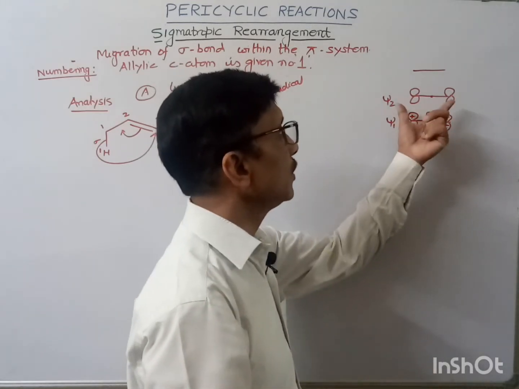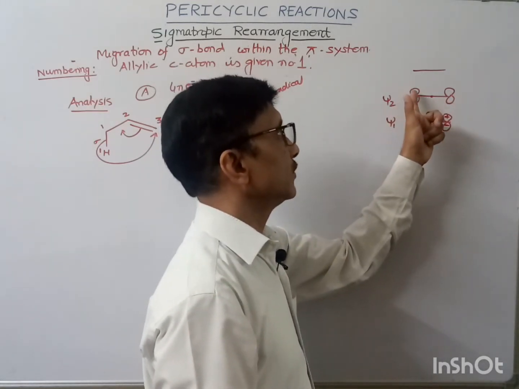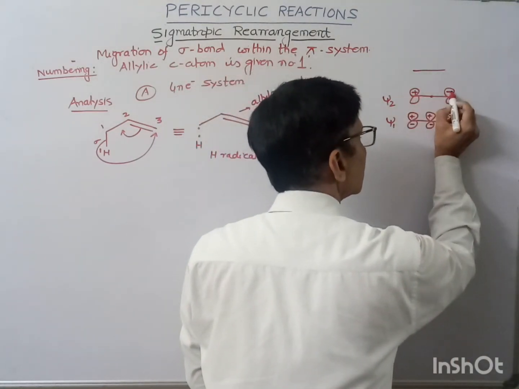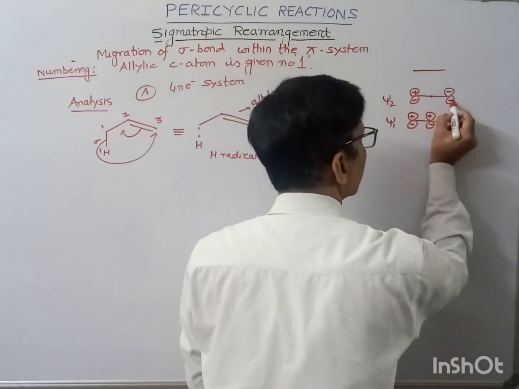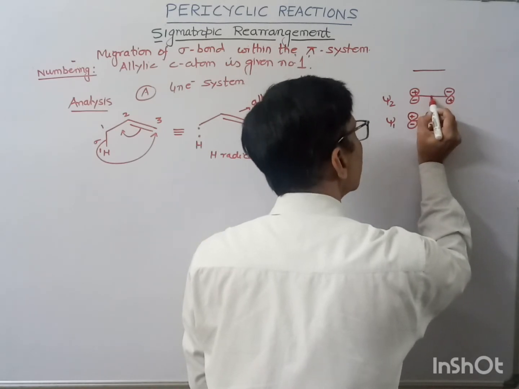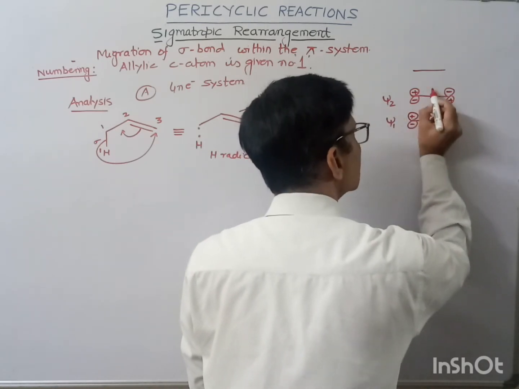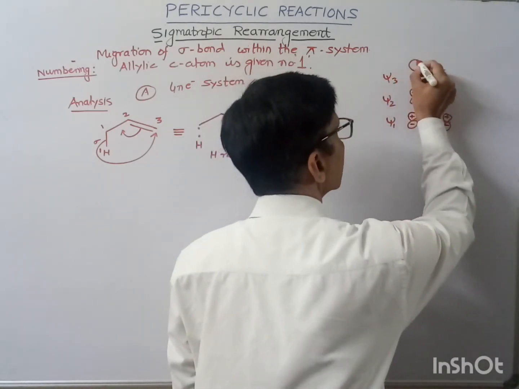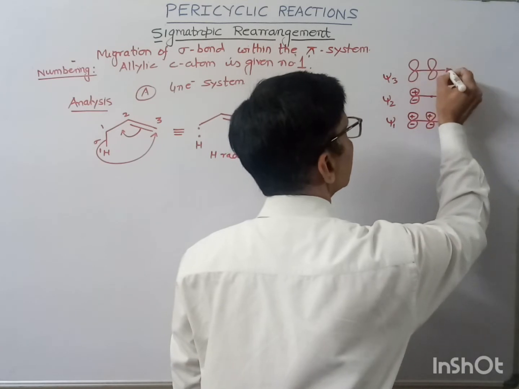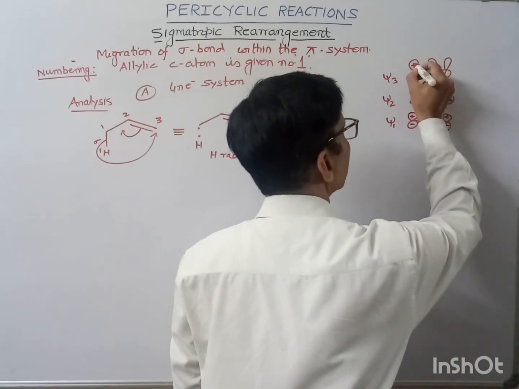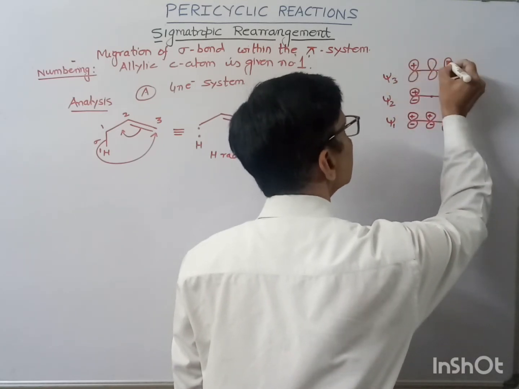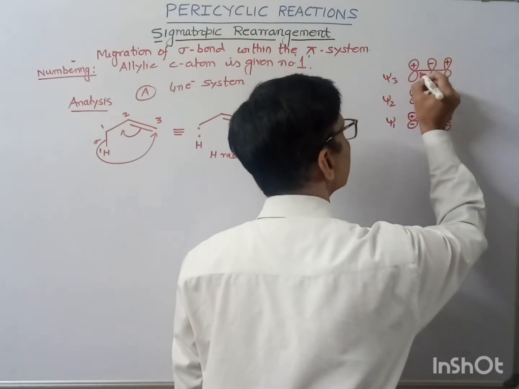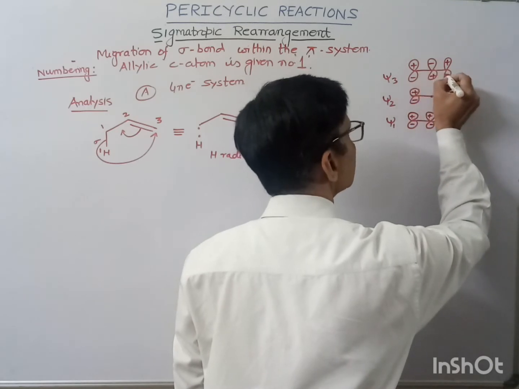And the node for the non-bonding one passes through the carbon atom. Then this is our psi3. Psi3 means the end orbitals have the same sign, because this is an odd molecular orbital: minus, plus, minus.